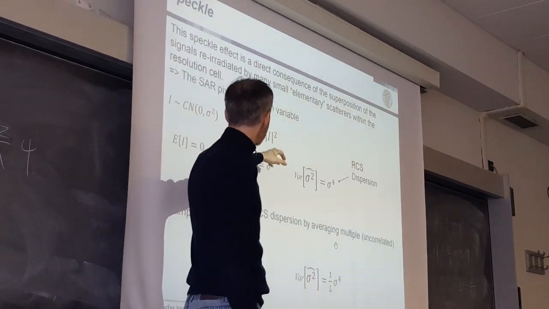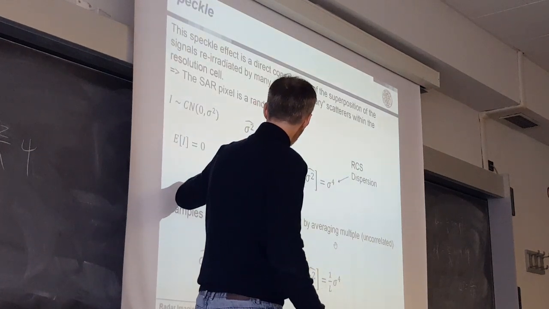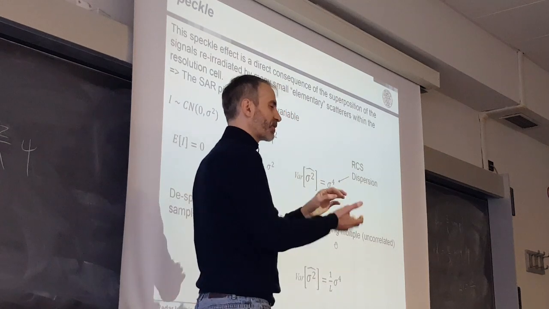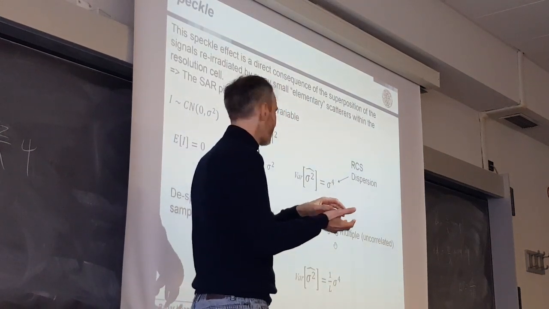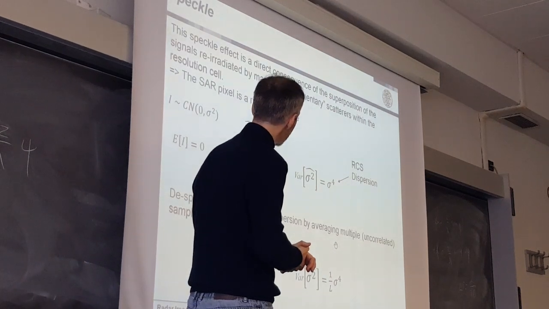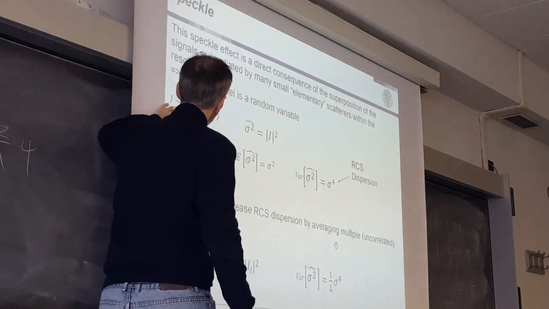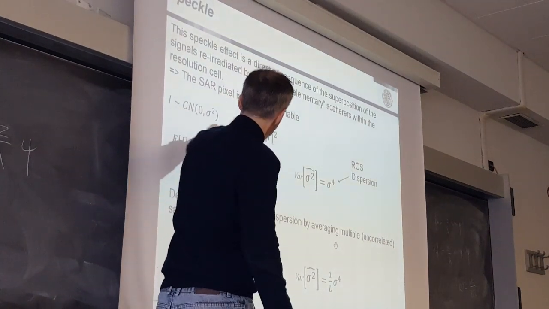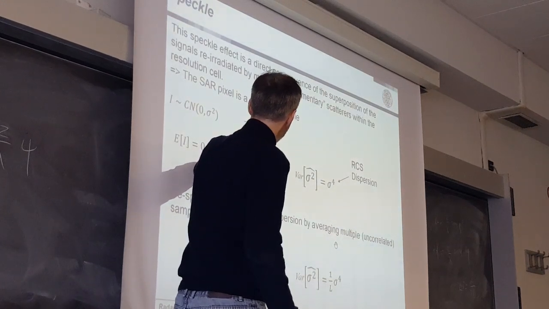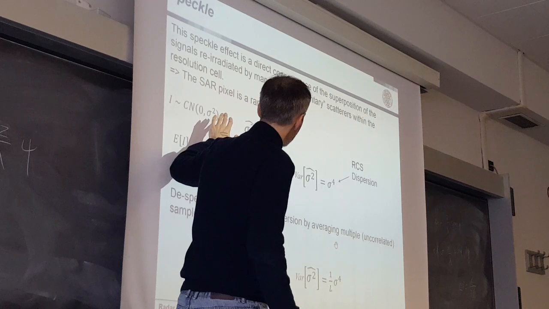This variance is connected to the radar cross-section of each single target in the resolution cell, and this is the variance of the squared pixels, and this is a known property of the Gaussian variable.